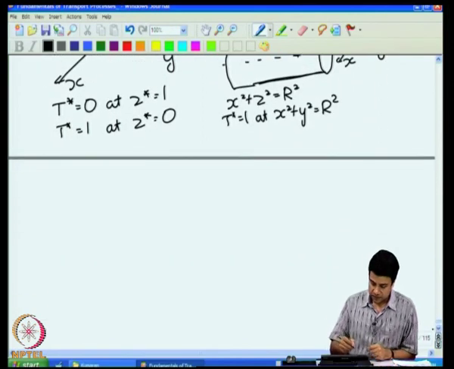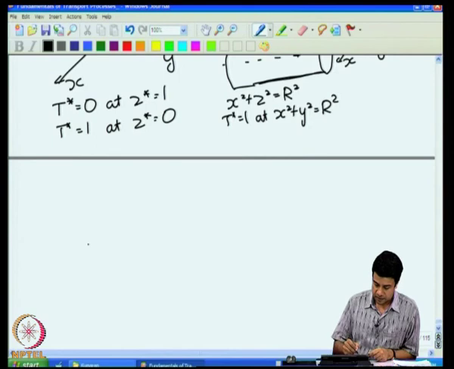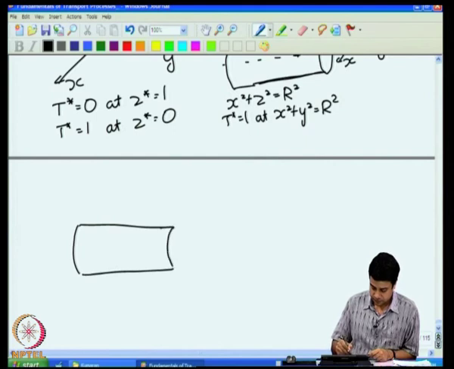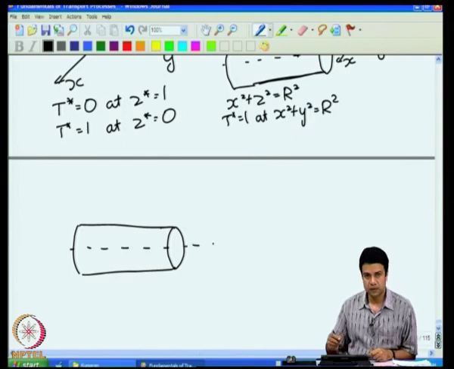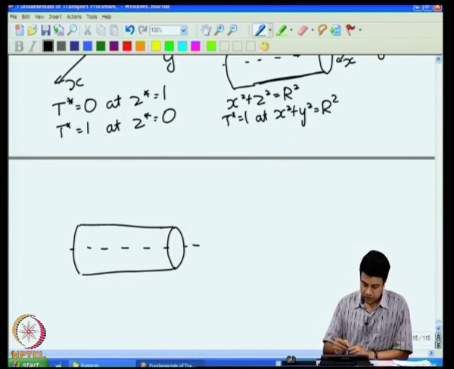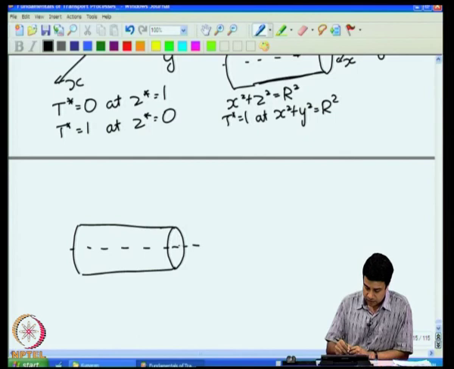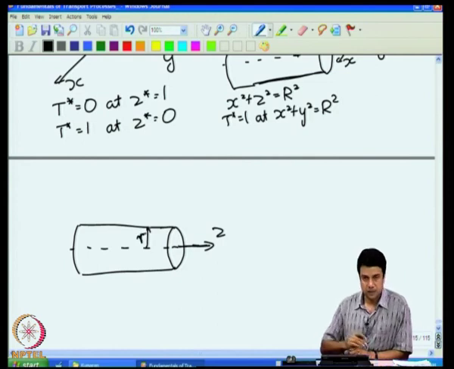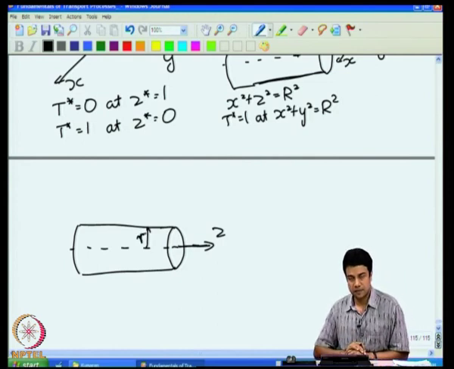So, for example, if I were to look at this particular pipe, I could choose this to be the z coordinate, and one coordinate is r, the distance from the axis of the pipe, the perpendicular distance.